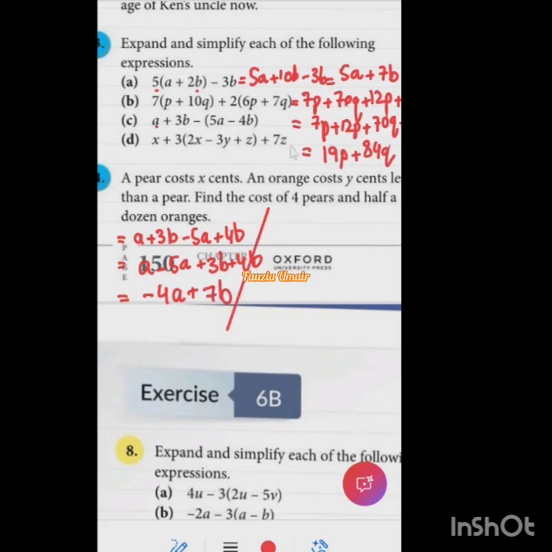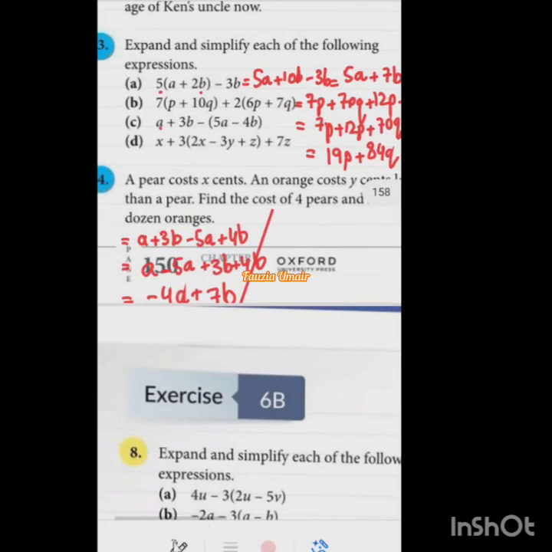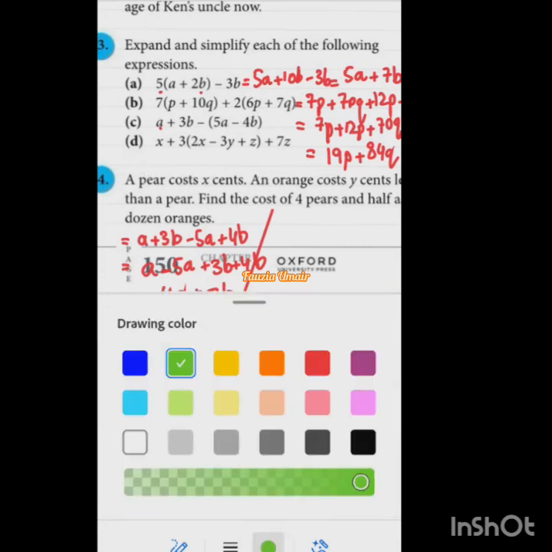Now let's see if we can do the D part. Can we expand it here? Let me change the color so that it's highlighted.